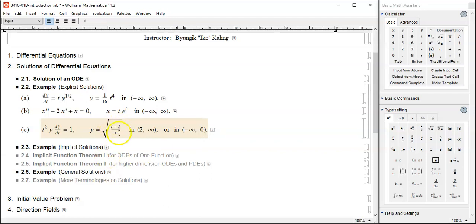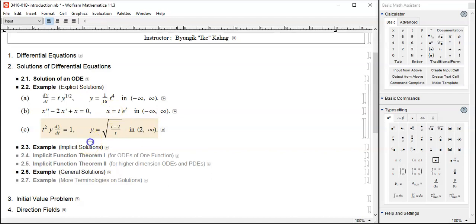You see, between 0 and 2, this expression is negative, so this square root is invalid. Greater than 2, this is positive, so it's okay. Less than 0, that is going to be okay. But this problem asks you about 2 to infinity only, so you don't really have to worry about the other interval of definition.